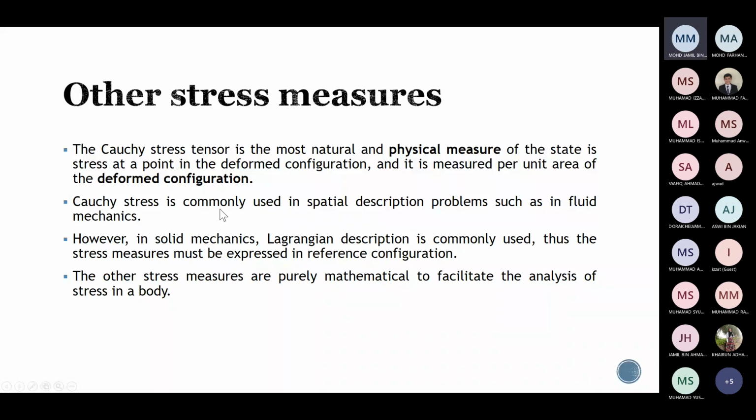Cauchy stress is commonly used in spatial description problems such as in fluid mechanics. In fluid mechanics, like in CFD, particles in the fluid also have stresses between them, so they use Cauchy stress to define the stress between different particles.